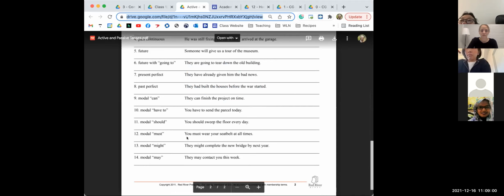The project can be finished. Can is our modal. Be finished uses the simple present passive with a past participle, finished. On time. And again, they, it's not really important, so we'll leave that part out.